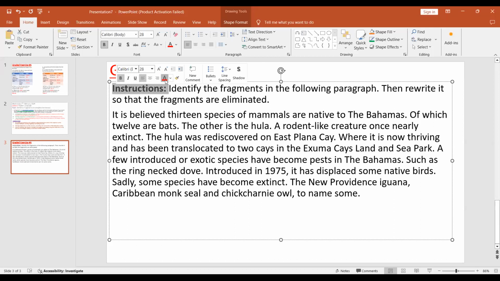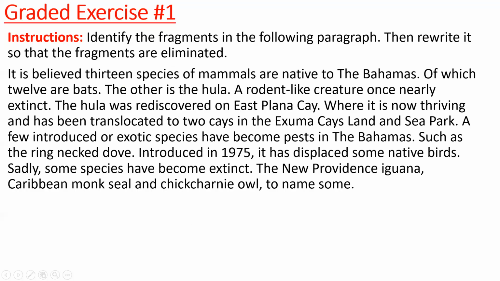Write this paragraph first, as is, and if you see any errors, underneath it rewrite the sentences that need to be corrected so that they make sense. You understand? Yes, sir.